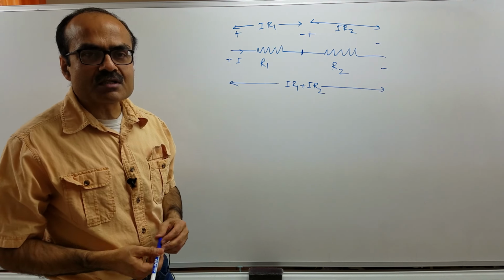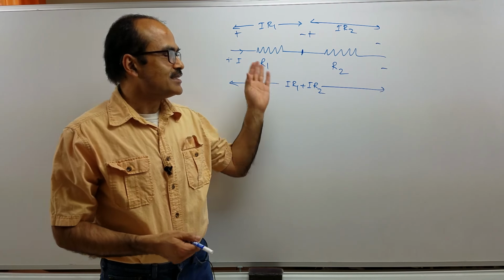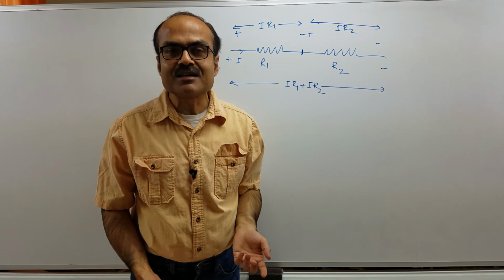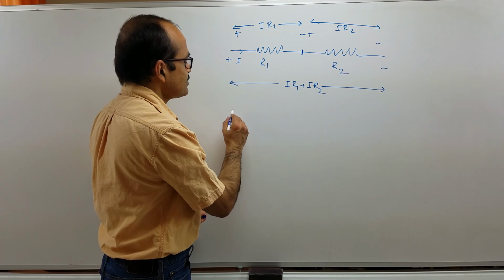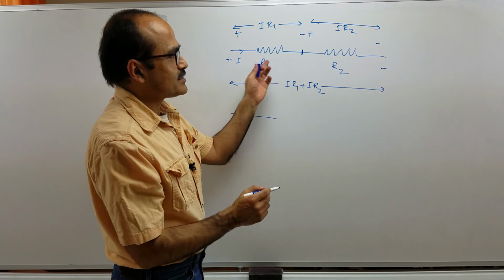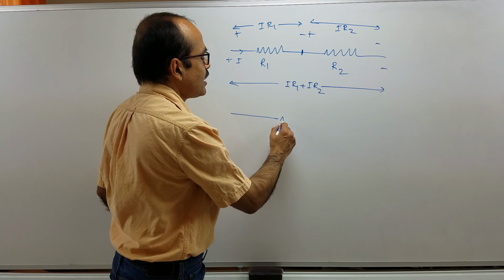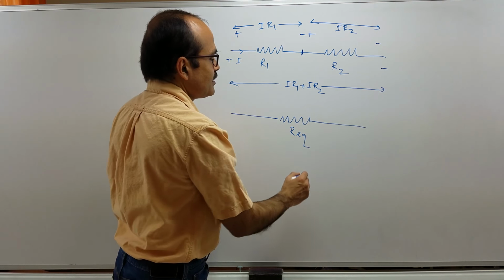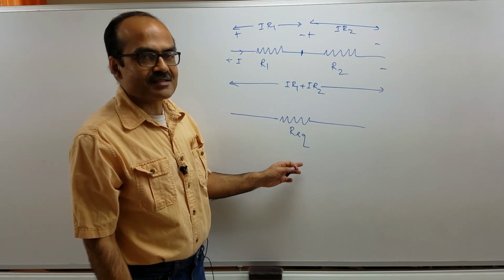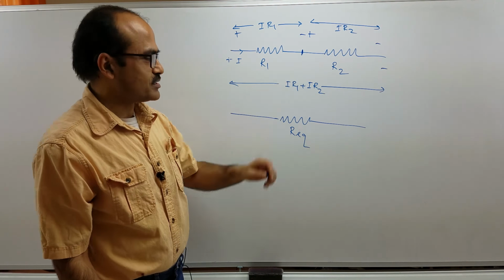Now, if we want to replace these two resistors by one single equivalent resistance, then we draw this diagram again and we replace these two by one R equivalent. So this is the equivalent resistor of these two resistors.